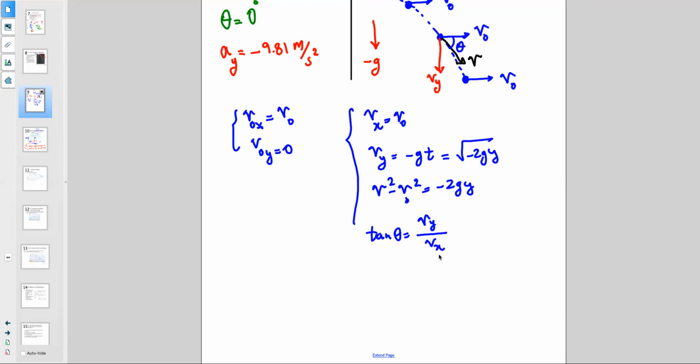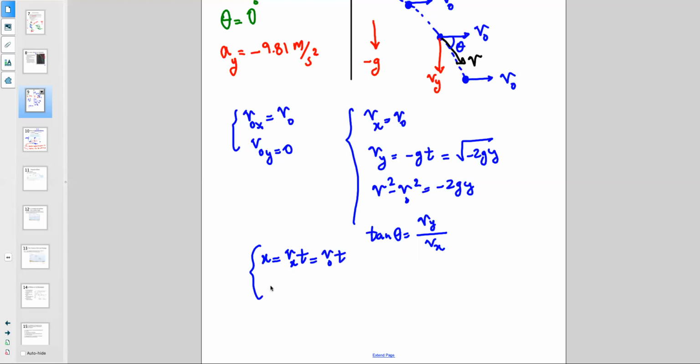Okay, let's talk about the position formulas. x is always a motion with constant velocity along the x direction. So I have v sub x t, or I can just write v naught t.